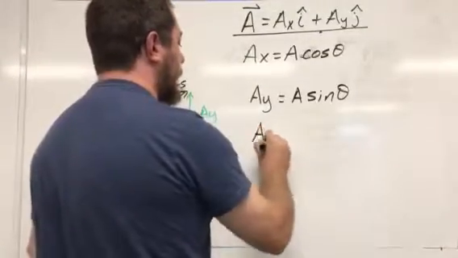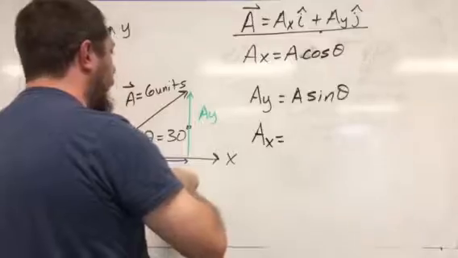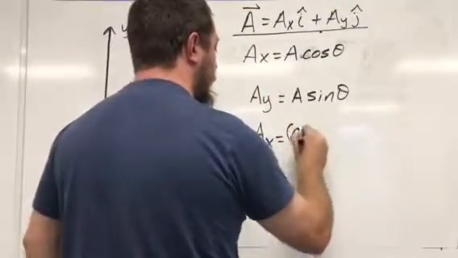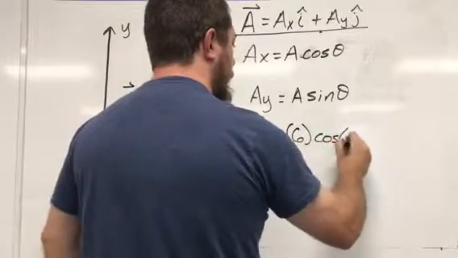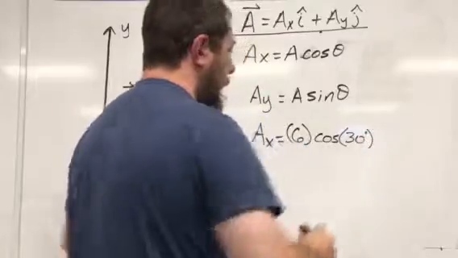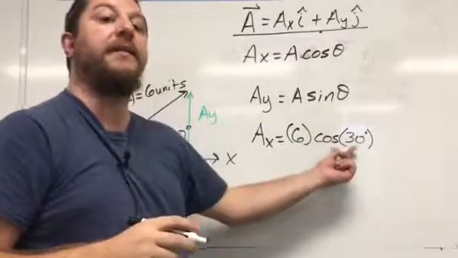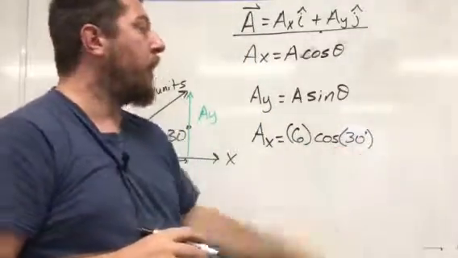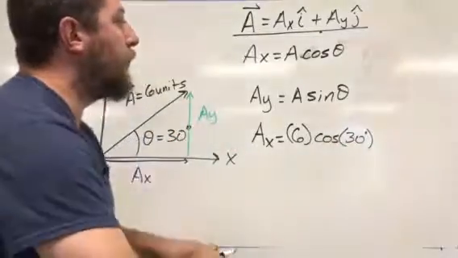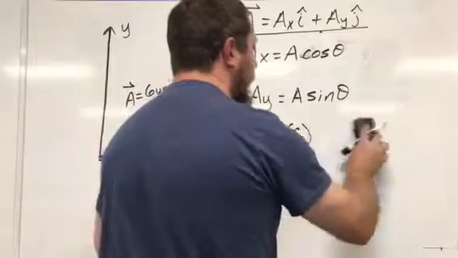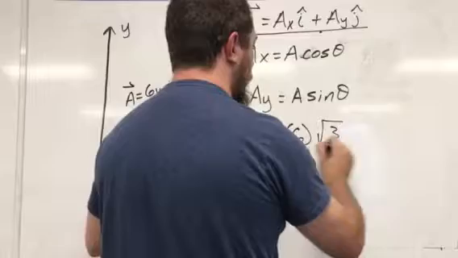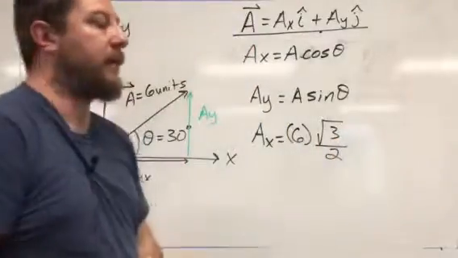So what is AX in this case, right? So AX is going to be calculated as the magnitude of A, which is 6 units, times the cos of 30 degrees. And the cos of 30 degrees is the square root of 3 over 2. If I plug this into my calculator, I get like 0.86 something or other with a long string of decimals, but at the end of the day, it's the square root of 3 over 2. Okay, the 2 is not inside the square root.